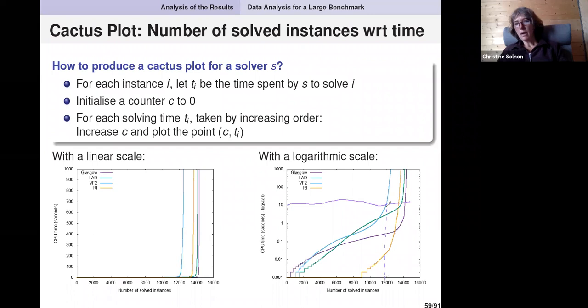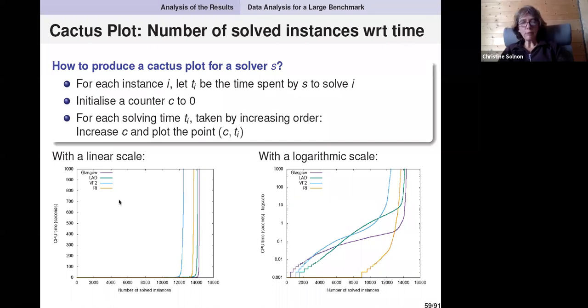And so this is the worst solver for this CPU time limit. The second worst is RI, and then the best is Glasgow, and the second best is LAD. Okay, for the cactus plot, I guess most of you are familiar with this kind of plot.